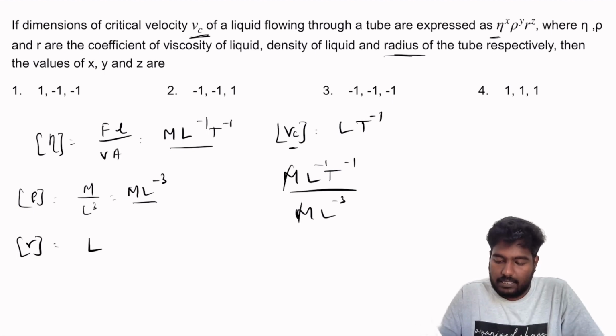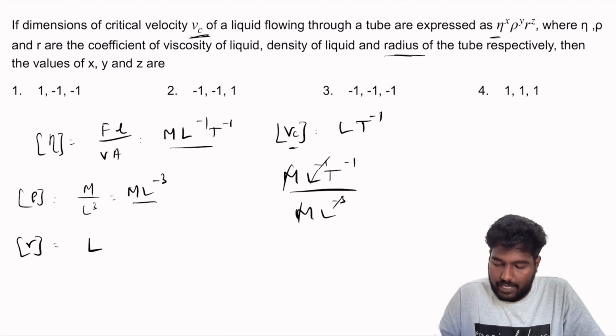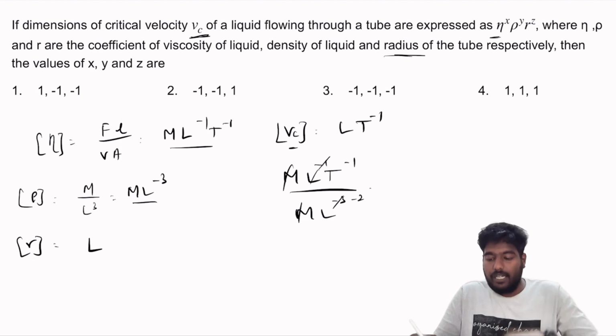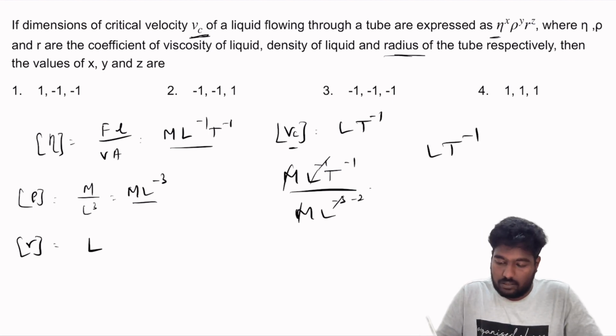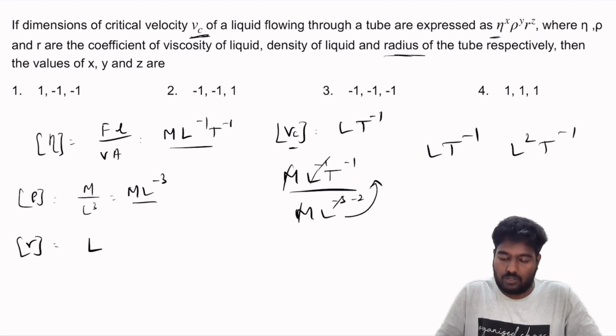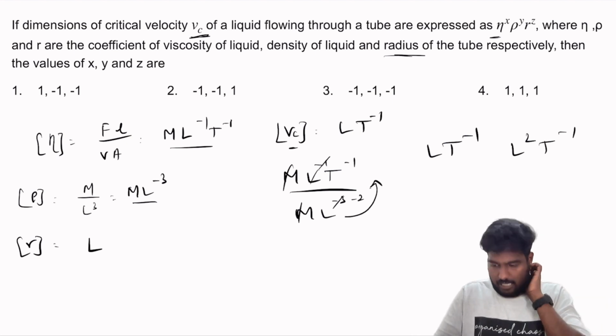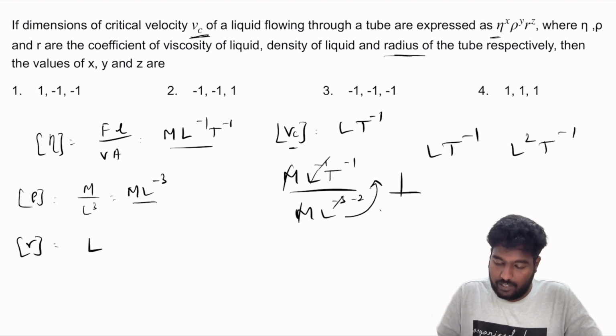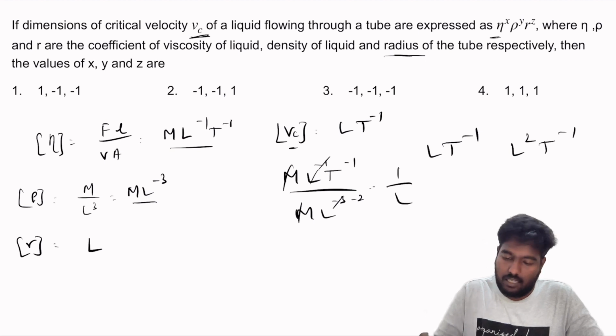L power minus 1 we have, so you will have L^-2 here. What you need is L T^-1. So now you have L^2 T^-1, and I just have to divide by L, the radius. So if I divide by 1 L, then I will get the answer.